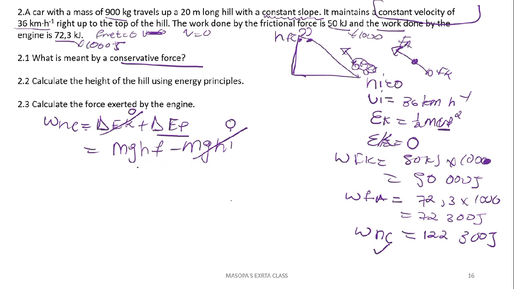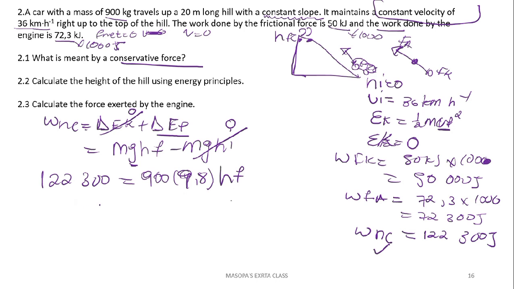So basically we have work net equals final gravitational energy. So we say 122,300, which is the work done by non-conservative forces, equals the mass of that car, 900, times gravity, 9.8, times the final height, which is what we are looking for.